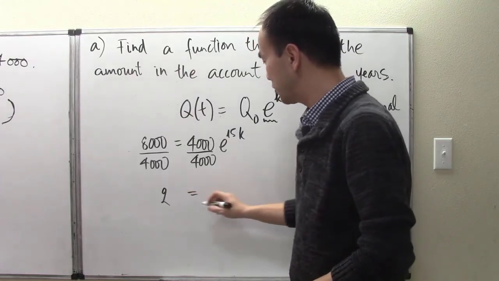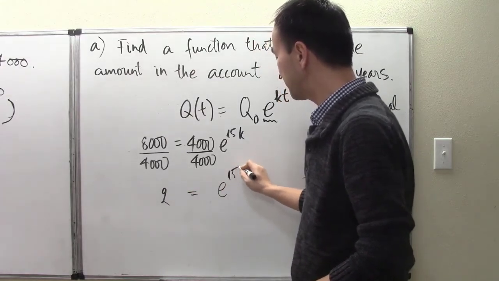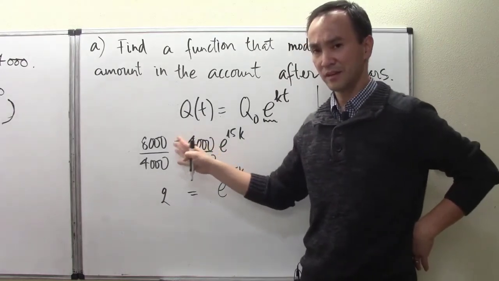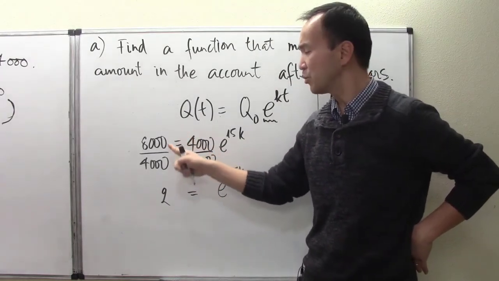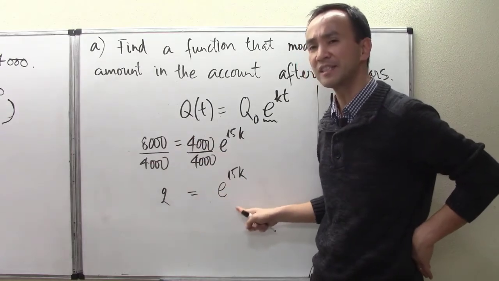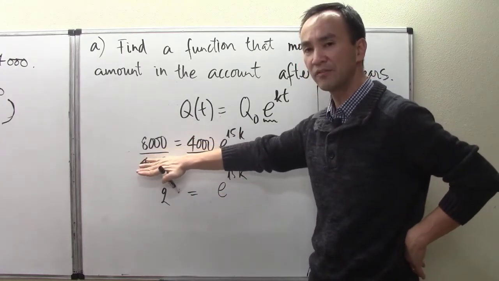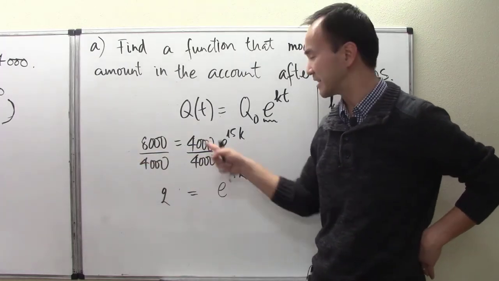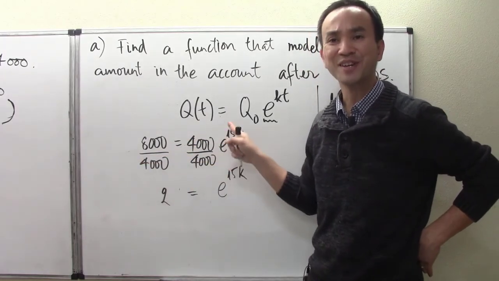Okay, so now 2 equals e to the 15k. Anyone viewing this lesson didn't even need to wait until this step to recognize this kind of equation. Right before I divided both sides by 4,000, you could have already recognized that that was an exponential equation.